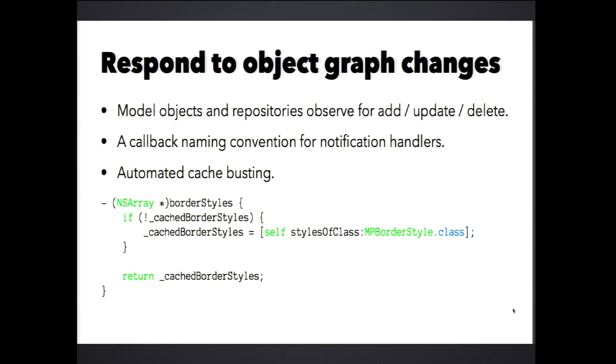Then I can just define this property in this manner, and I don't have to write the code that actually clears the cache when anything in my styles database changes. There are cases where this is too heavy, of course. Let's say there are regular changes to some styles that are not border style objects. Then I can override that behavior. In most cases, that hasn't really been necessary.